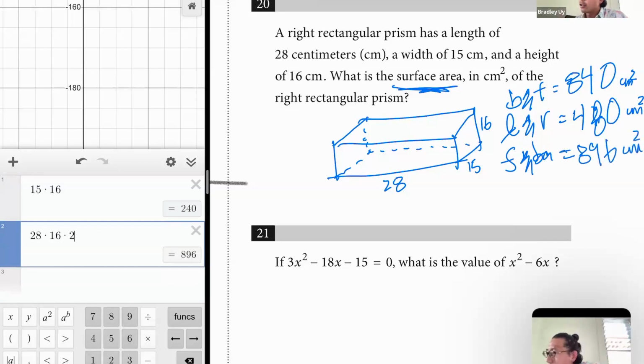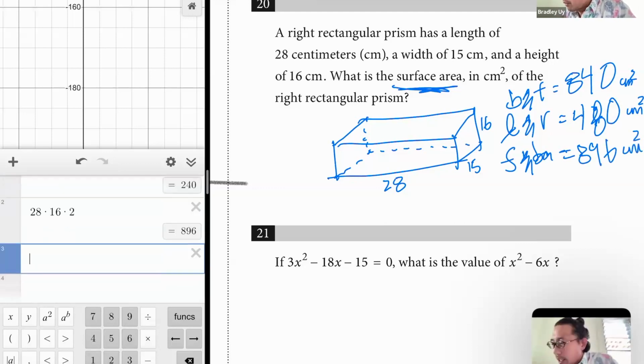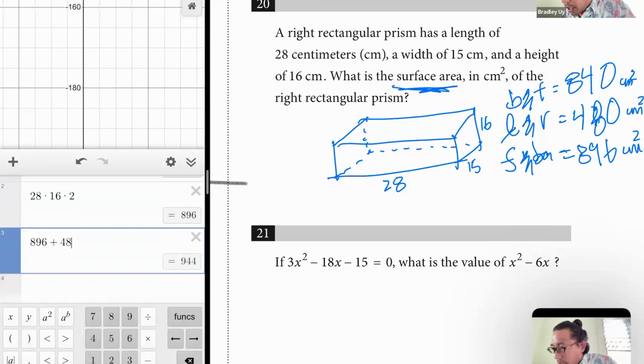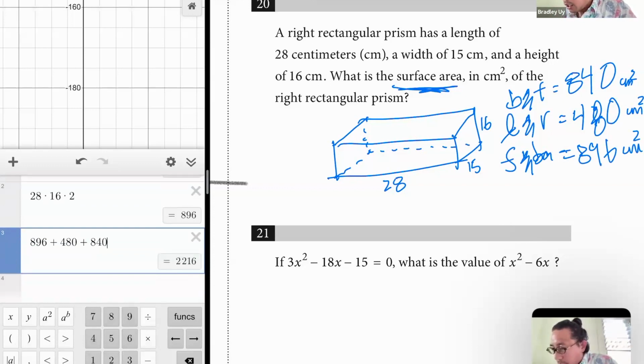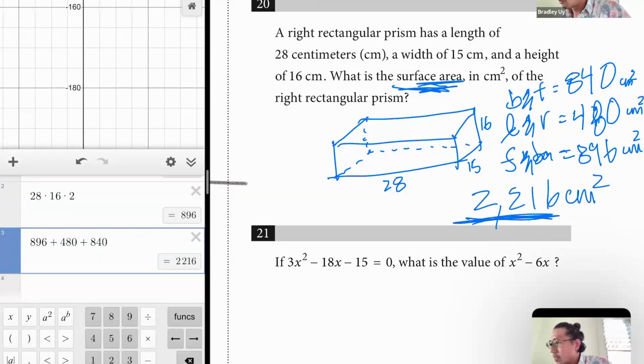So to find the total surface area, we've got to take all of these and add them. So we've got 896 centimeters squared plus 480 plus 840, which gives us 2,216 centimeters squared. This is open-ended. What is the surface area? You would enter this number 2216 because they already give us the label.